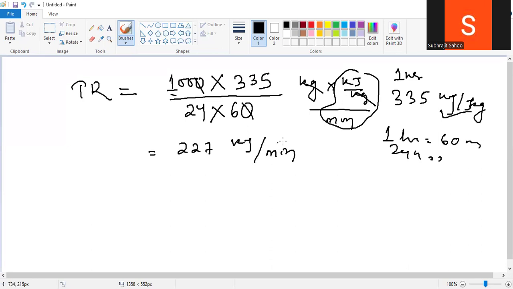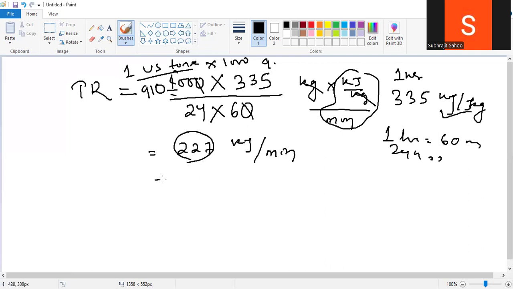But in the definition there is 1 US ton, and the value of 1 US ton is not 1000. It is 900 something. In place of 1000, if I put, suppose, 910, does this 227 value decrease or increase?